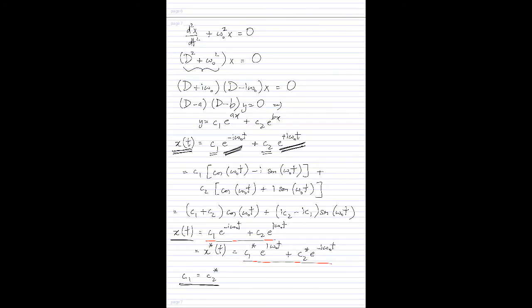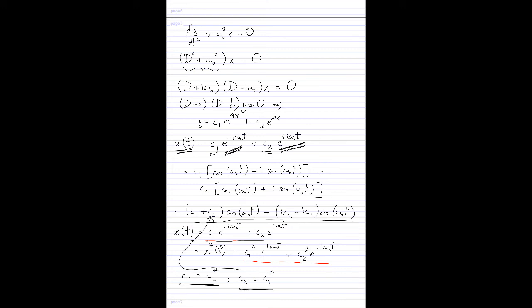Okay, fine. If that is the case, then going back to this thing over here, I can immediately say that since c2 star is equal to c1, I also have that c2 is equal to c1 star. I can plug this in over here.